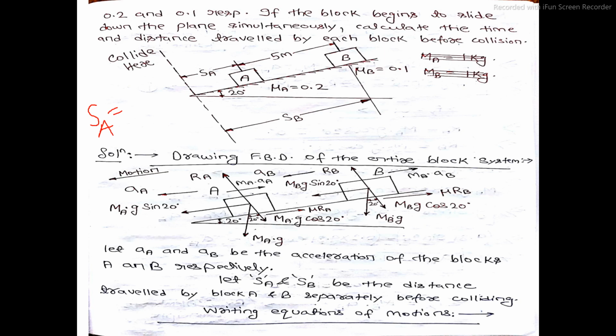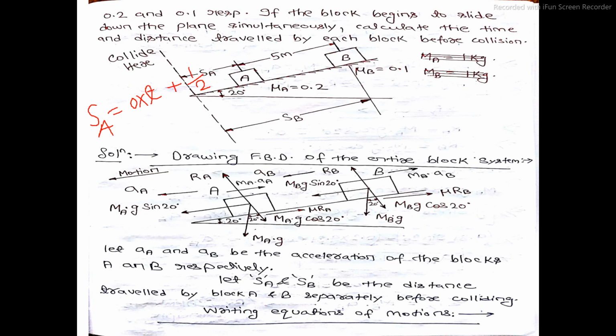Since in the problem block A is not given any initial velocity, U is 0 for block A, into T, the time taken by block A to reach the colliding point, that is T, plus half times AT square. What is A?